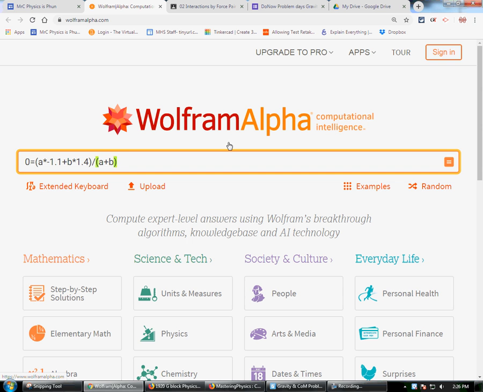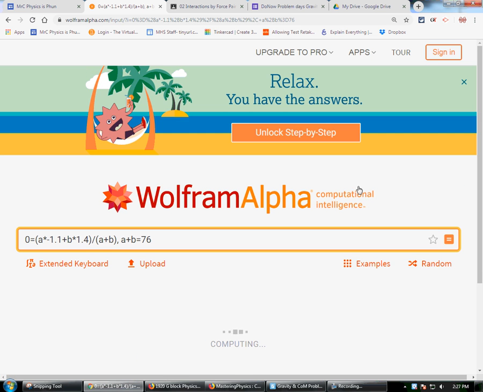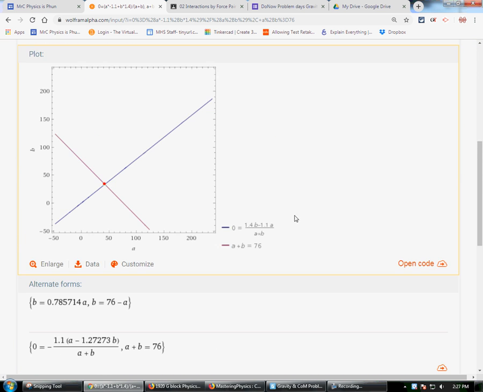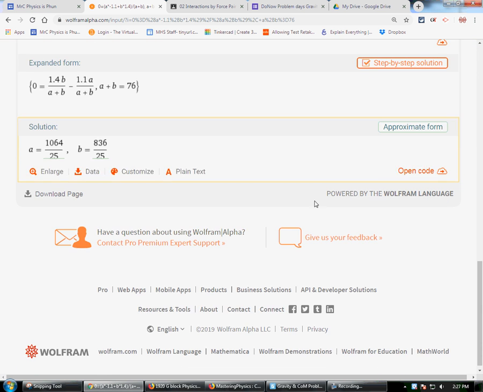Now I'm going to do a comma to indicate it's a new equation. And then you had A plus B equals 76. And then I just hit my equal sign. It does all the math for me. We can show you the steps, and there are my 2 answers.